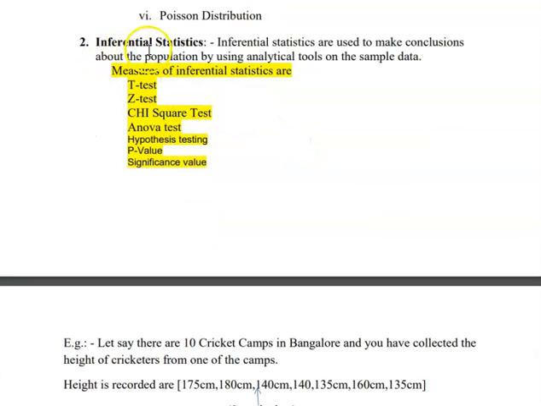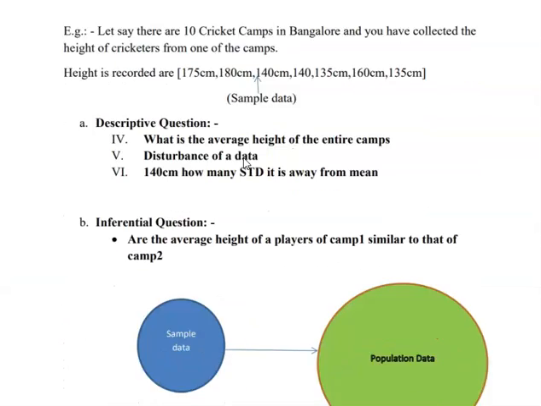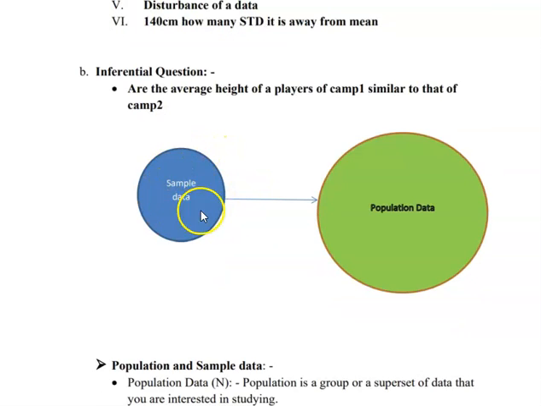The next one is inferential statistics. Here we cannot study the entire data. Instead, we just pull out a sample from the entire data. So we want to know which party will win this election.